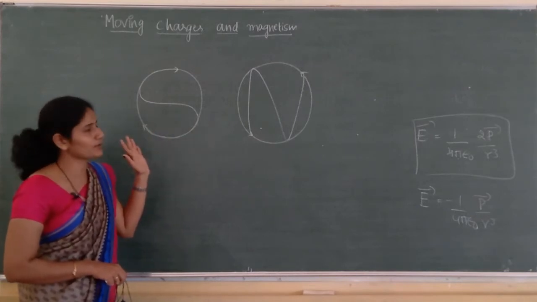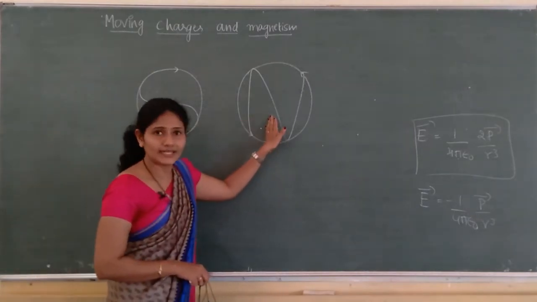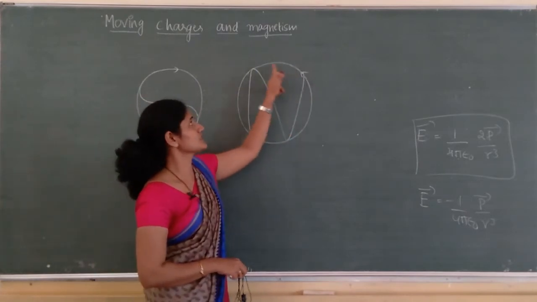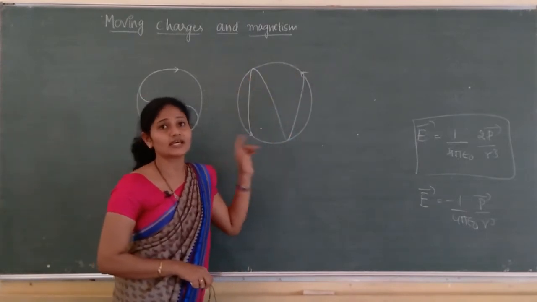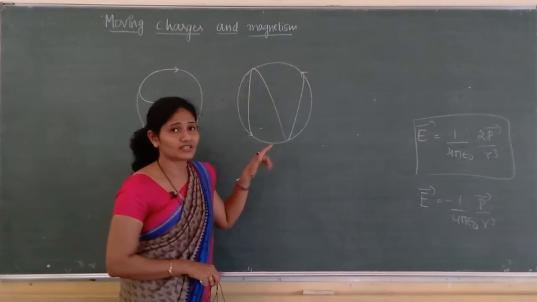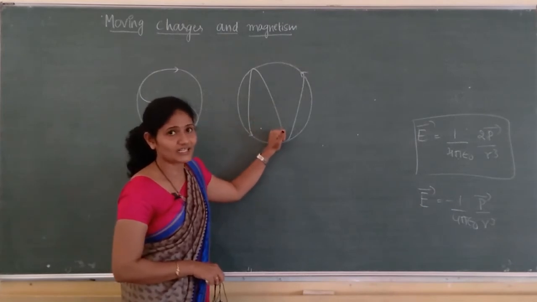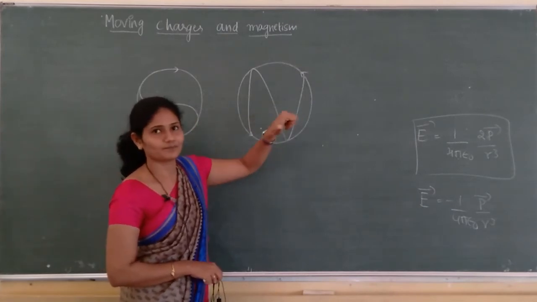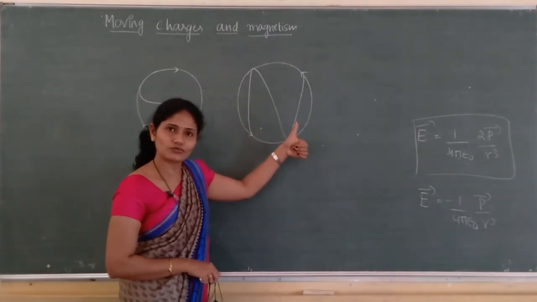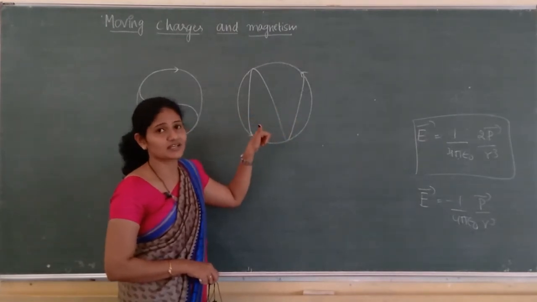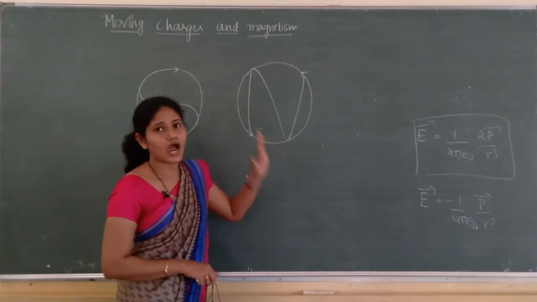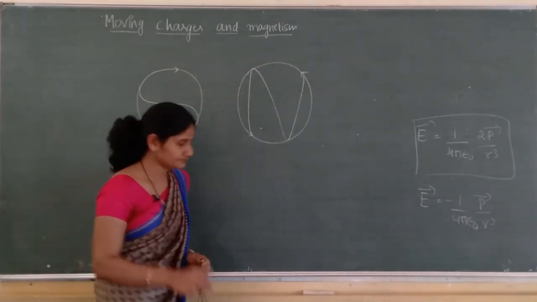They are directly proportional. If in a coil the current flows in anti-clockwise direction, then the magnetic moment is out of the plane, and the magnetic field is also out of the plane.